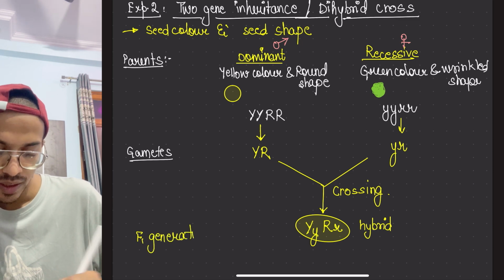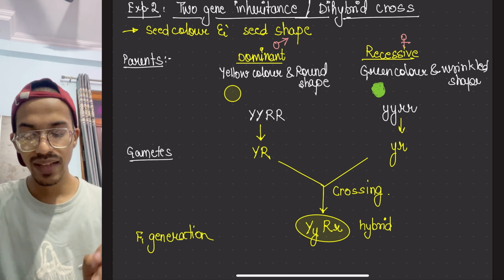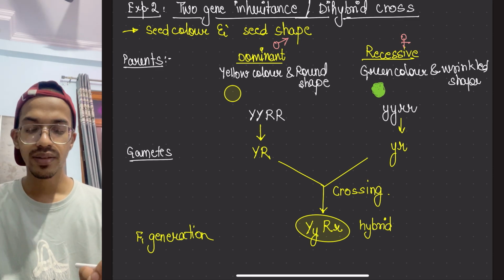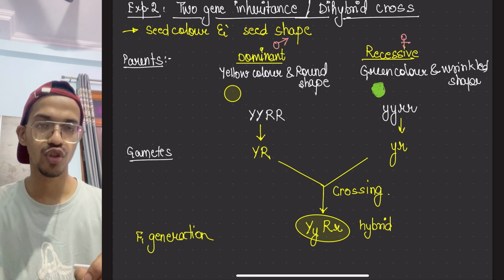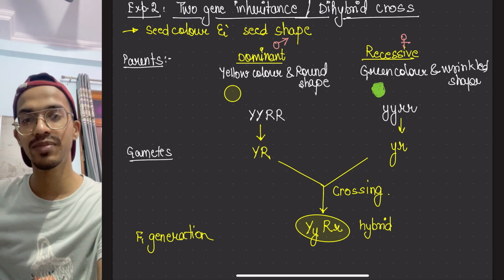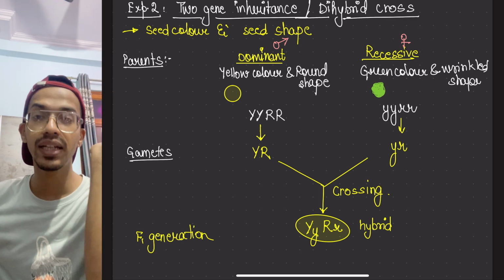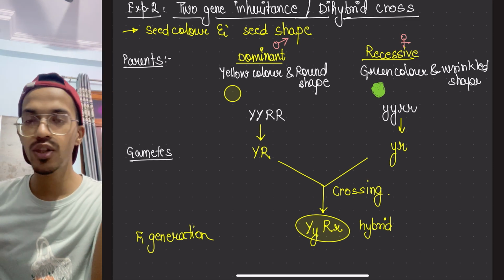Always remember, in the F1 progeny, only one type will come. This is the hybrid ones. And I have told you that this hybrid will have a certain feature. Here, to remind you, when Mendel did the experiment, whenever a single capital allele is coming, it will show the dominant character.